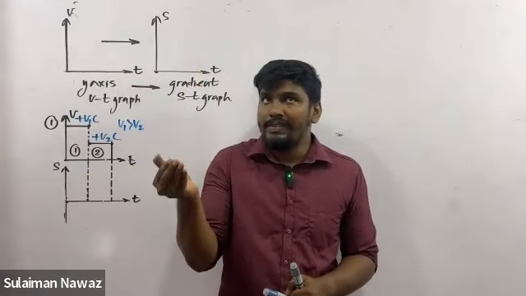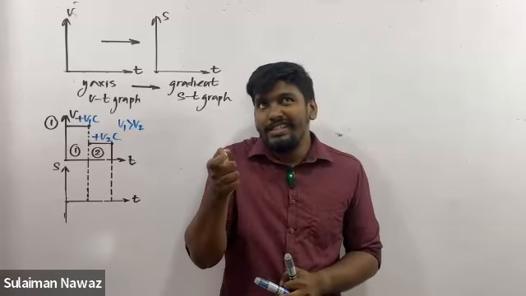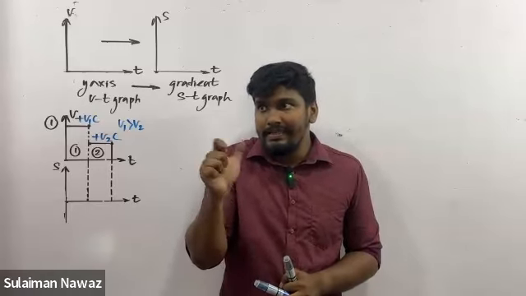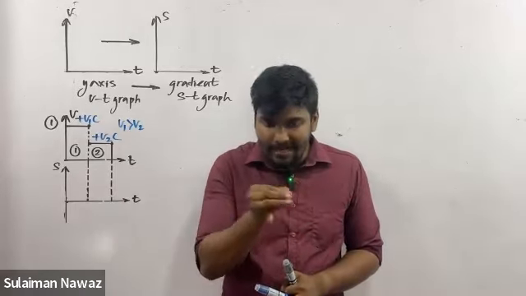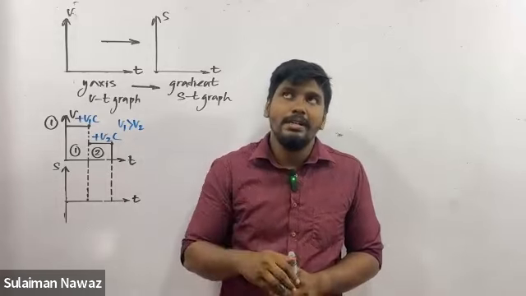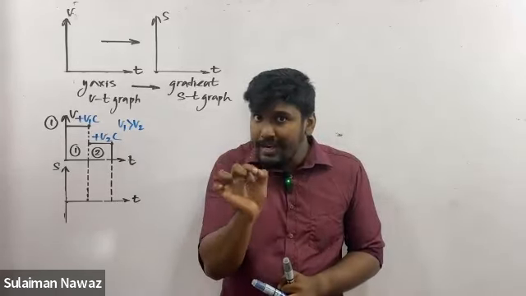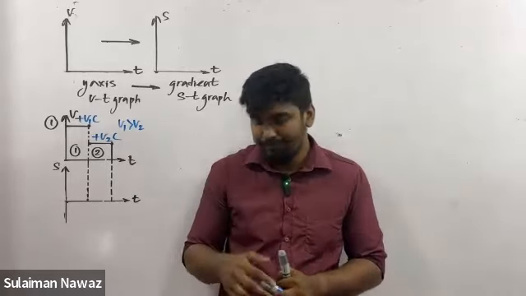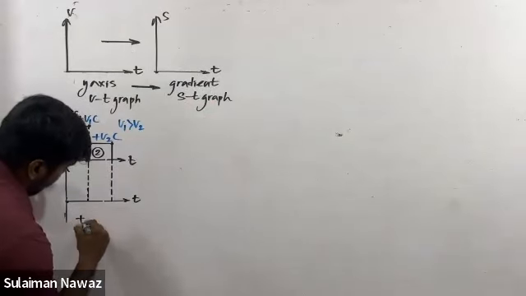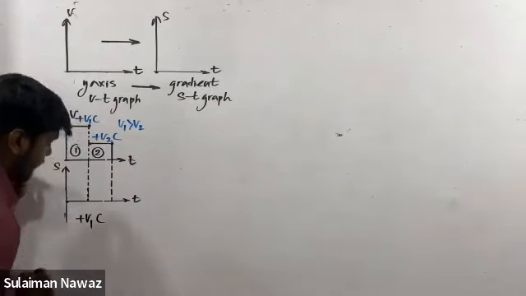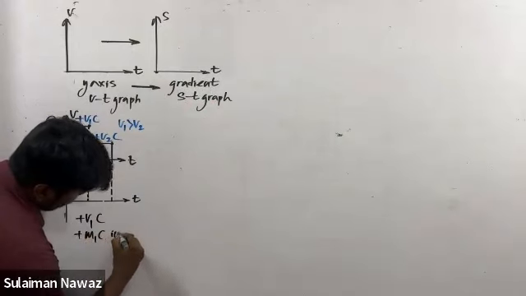In the ST graph, gradient is velocity. So positive velocity constant means positive gradient constant in the ST graph.